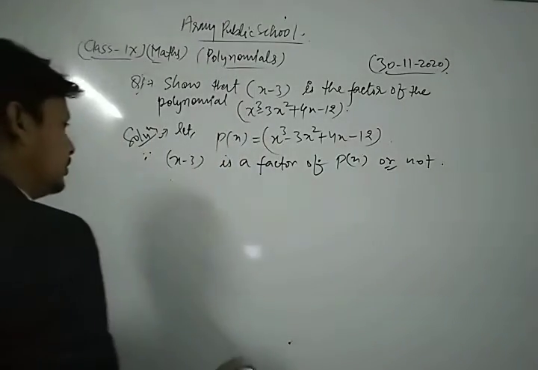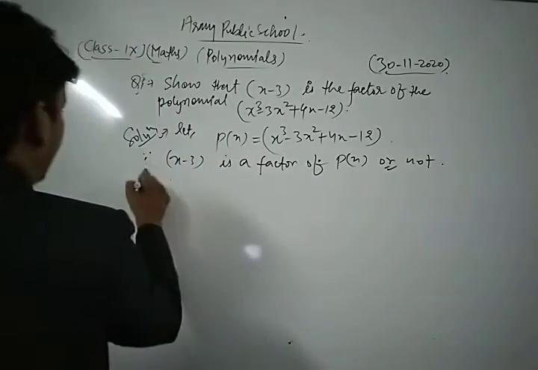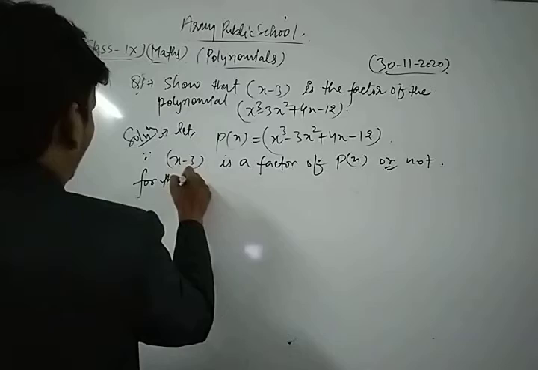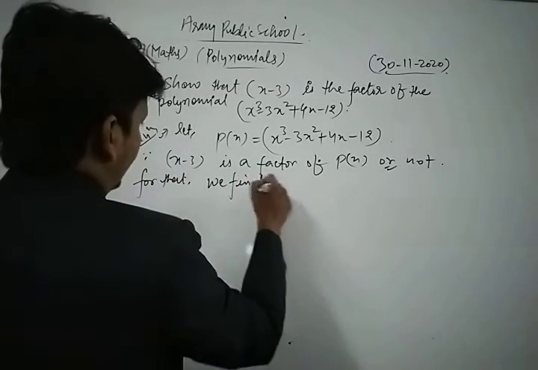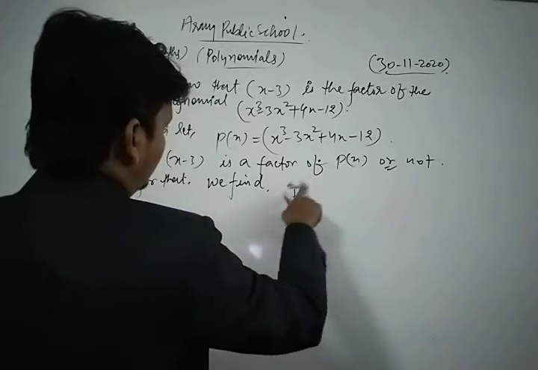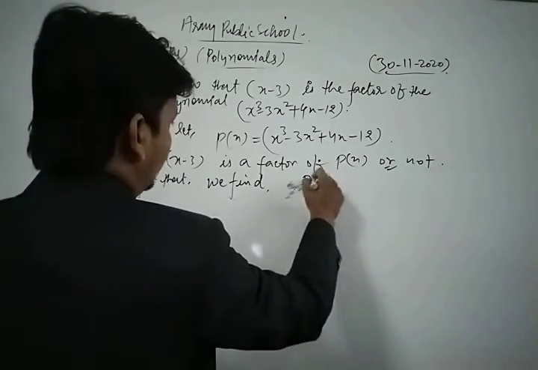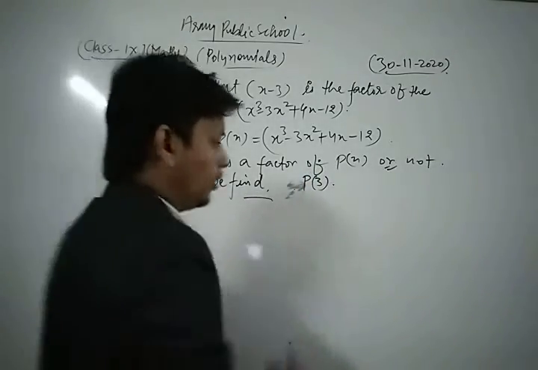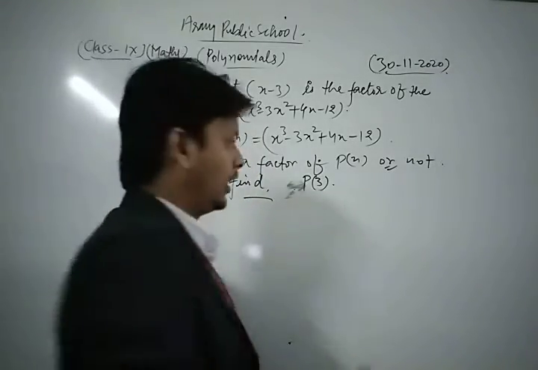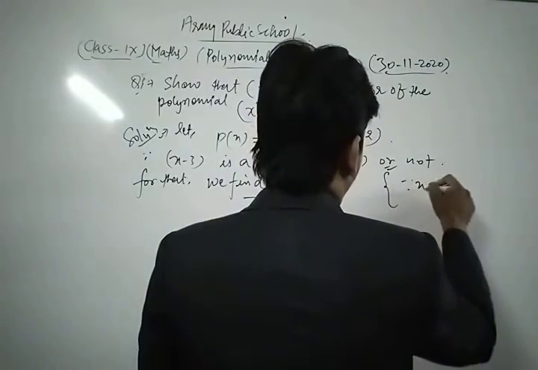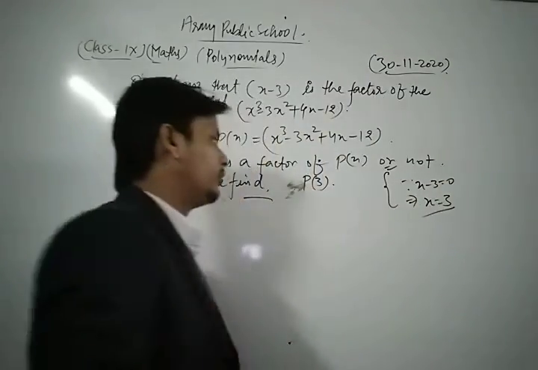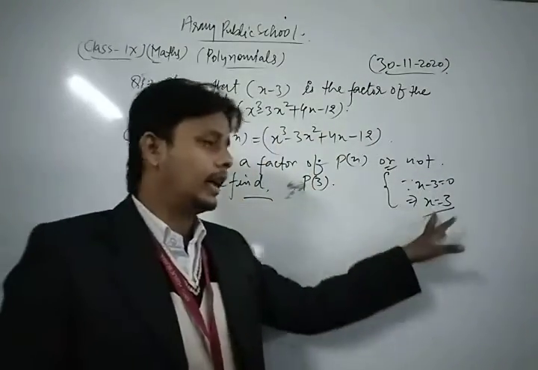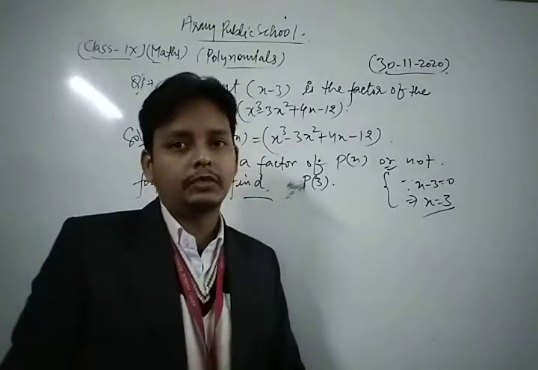For that we find P of 3. Why? Because if we take x minus 3 equal to 0, then the value of x is equal to 3. So we must replace x by 3 in the given polynomial.